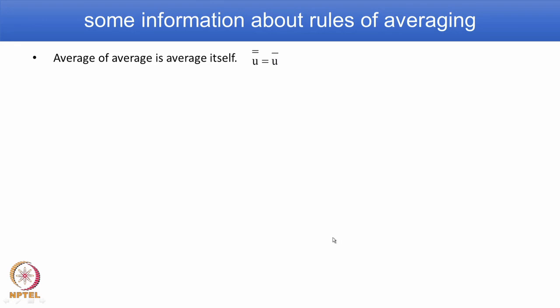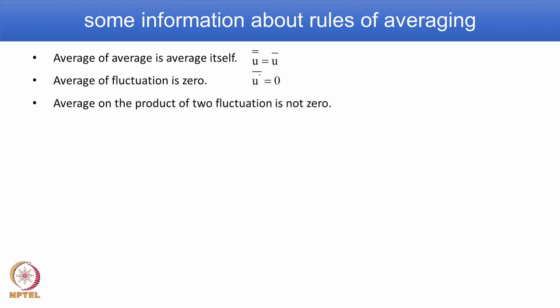We will try to learn some more information about the rules of averaging. Average of average is the average itself. In this case u bar is the average, and if you take an average of that u bar, that will be u bar itself. Average of a fluctuation is 0. So, u prime is a fluctuation; it may be positive, it may be negative, and if you take the average it will go to 0.